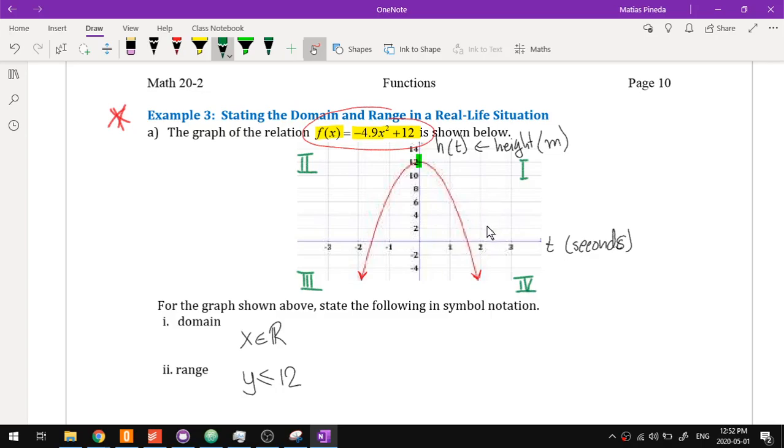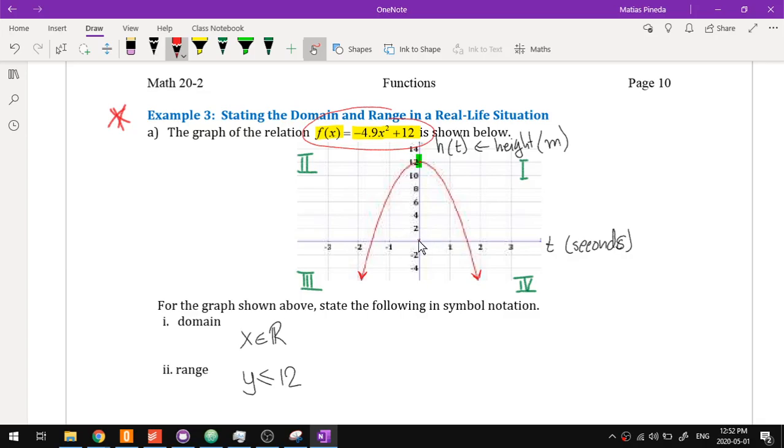And in this context, it turns out that this function is not relevant or is not defined in all of the quadrants. In quadrant 1, what this function shows us is the height of the buffalo above the ground after a certain number of seconds.